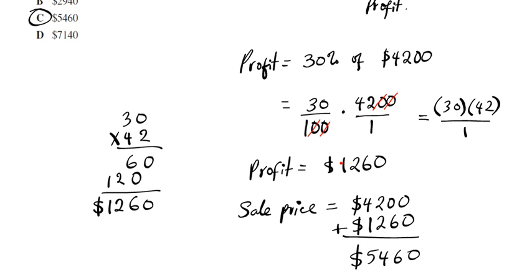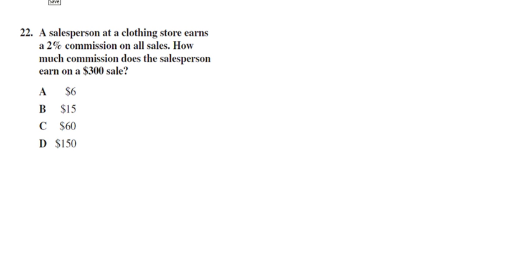Let's move on to the next question. Question 22 says a salesperson at a clothing store earns 2% commission on sales. How much commission does a salesperson earn on a $300 sale? So it is asking for just the commission alone. The commission is 2% of the earning.